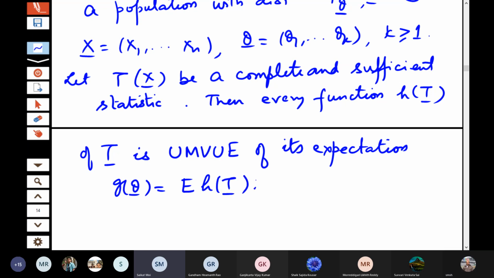That means every function of the complete sufficient statistic is the uniformly minimum variance unbiased estimator of its own expectation.